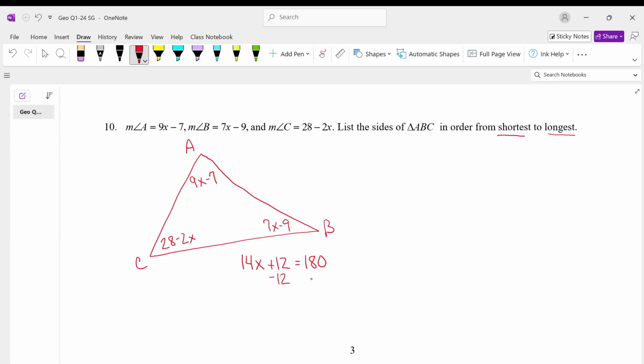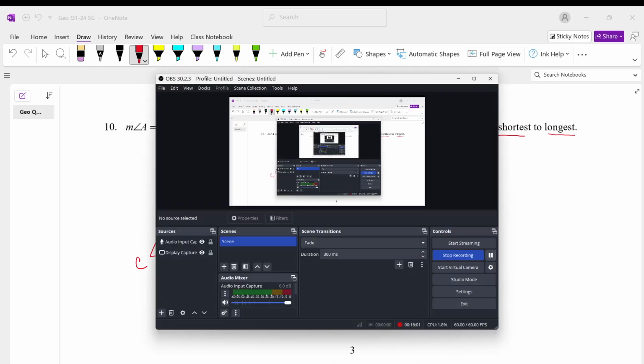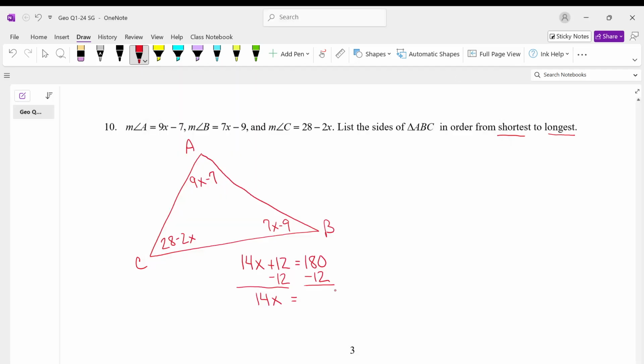So subtract 12 from each side, and 14x is equal to 180 minus 12, which is 168. Divide both sides by 14, and our x is equal to 12.